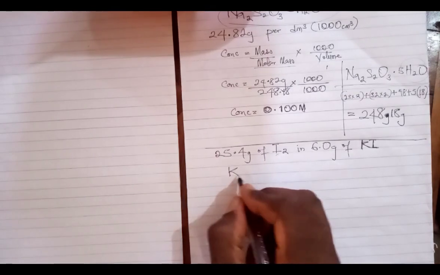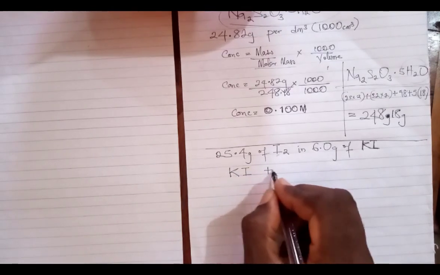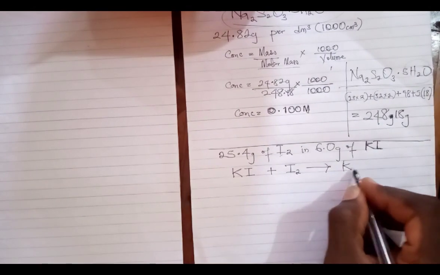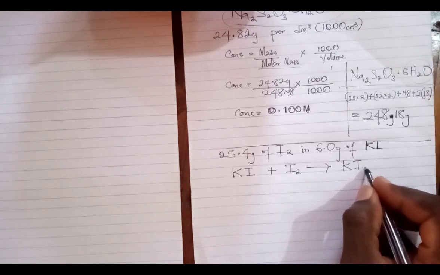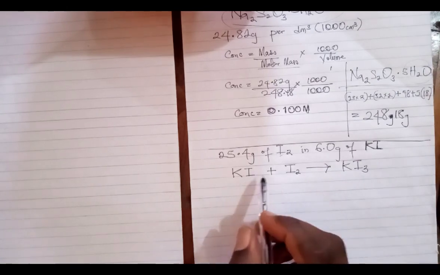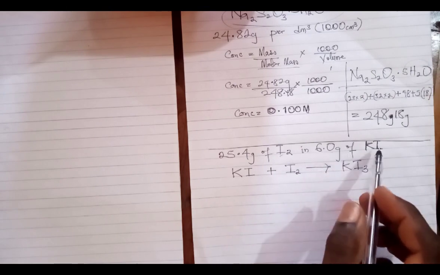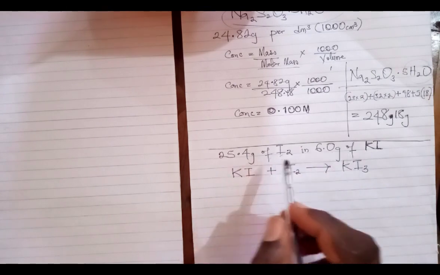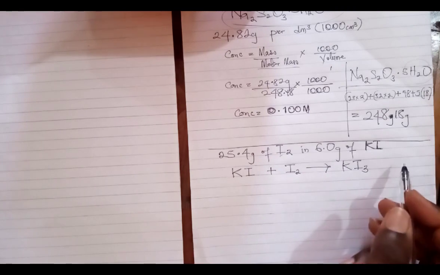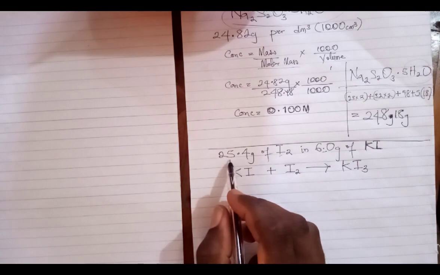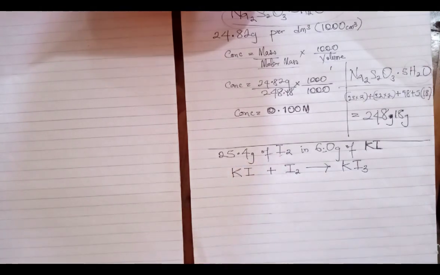So this is the equation: potassium iodide plus iodine gives you potassium triiodide. What they are asking you to do is add 6 grams of potassium iodide to iodine in water, then dilute to 1000 cm cube. But we all know that 6 grams of potassium iodide is not sufficient to dissolve the 25.4 grams of iodine.